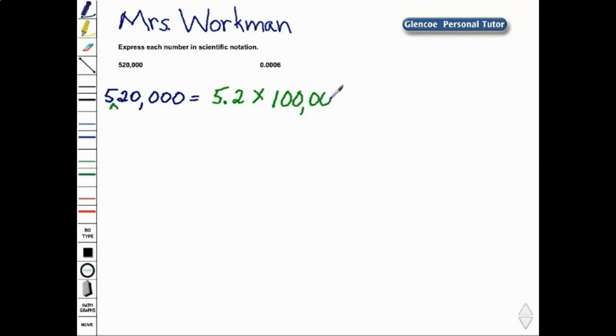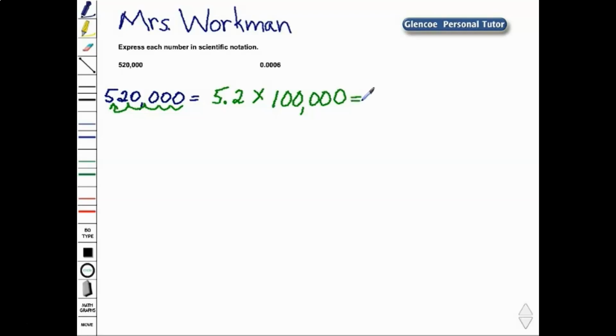Now that power of 10 in this case would have to be 100,000. Now how did I know that so quickly? Because the decimal point would have to be moved 1, 2, 3, 4, 5 places. And there's the 5 zeros.